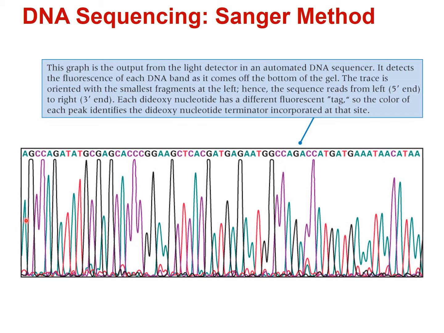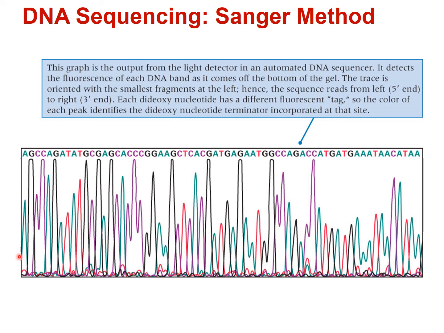So what you see is a succession of peaks that are shown here. Some are so large that they go off the scale and get cut off at this point. But you can see each of these peaks, and you can simply read the sequence. Here it would be A, G, and there are 2 C's and A. So you just read the sequence like this. And this will be the 5' end shown on the left and the 3' end on the right.